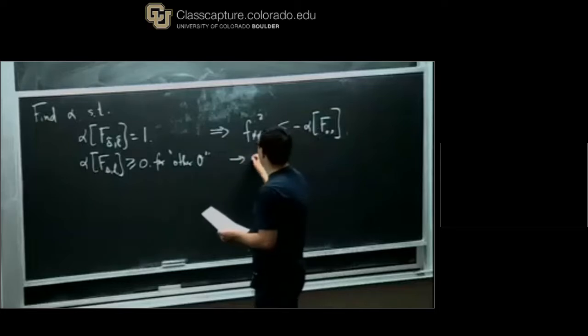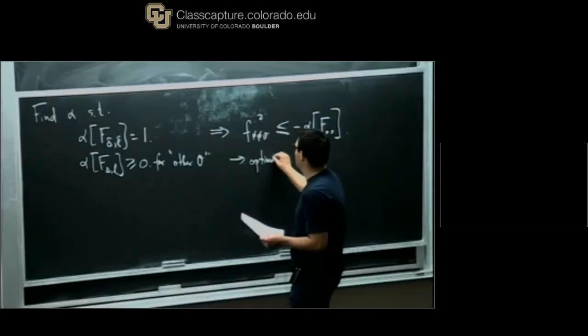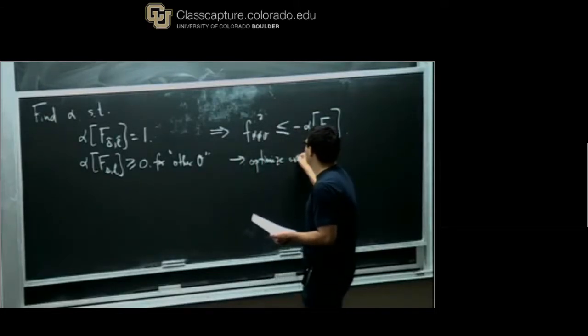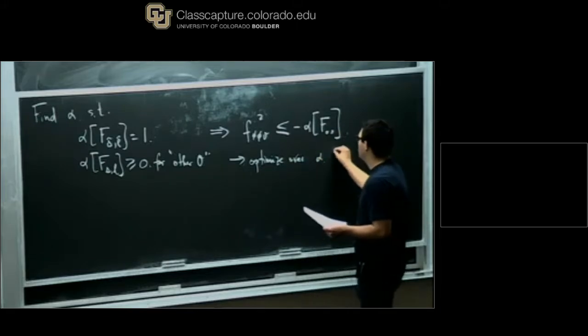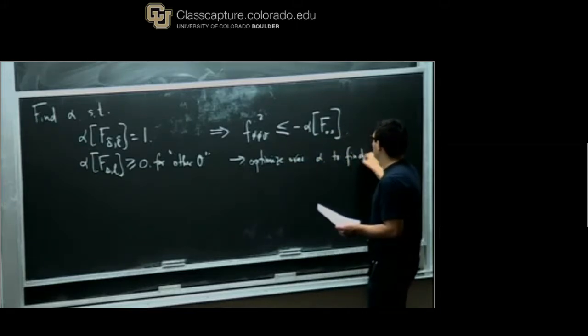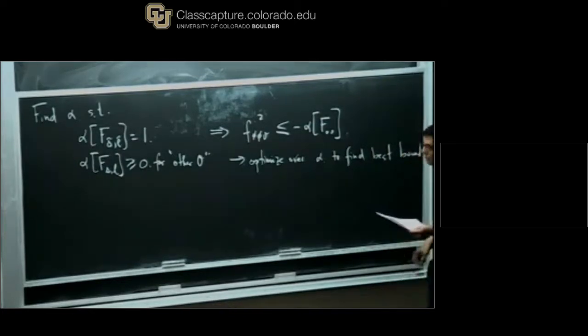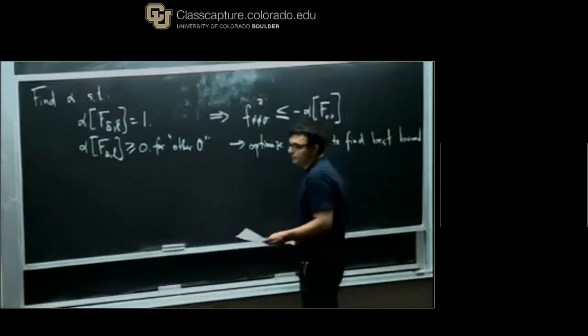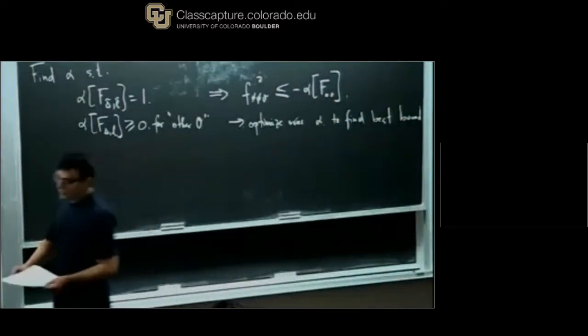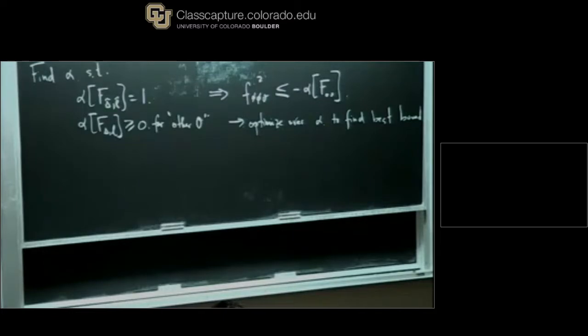So then optimize over alpha and find the best bound. Okay. So that's another thing one can use this method for. And as I said before, in some superconformal field theories, one can actually calculate exactly some of the OPE coefficients.